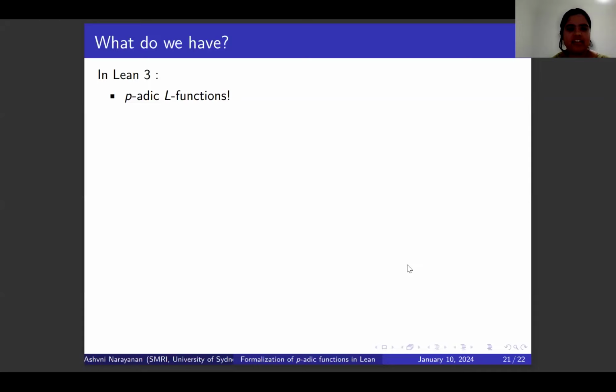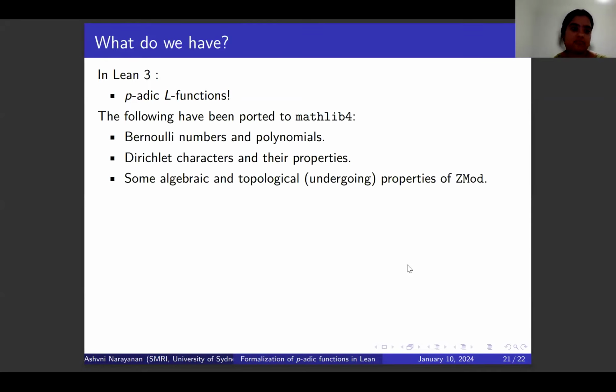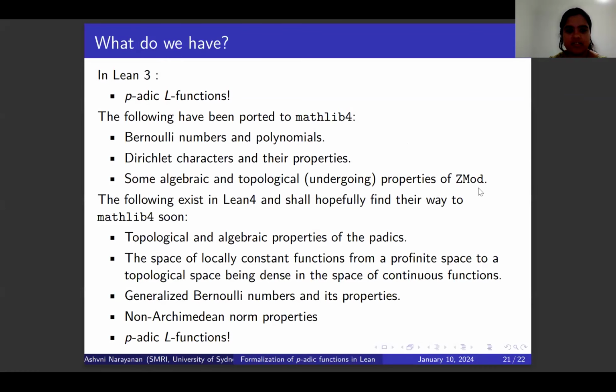Okay, and so to summarize what we have in Lean 3, p-adic L functions, and the following has been ported to Lean 4: Bernoulli numbers and polynomials, Dirichlet characters and their properties, which are a very recent addition. And I have some ongoing PRs about the properties of Z mod, which will later be used to prove that the p-adics are profinite. And I'm very bad with PRing.